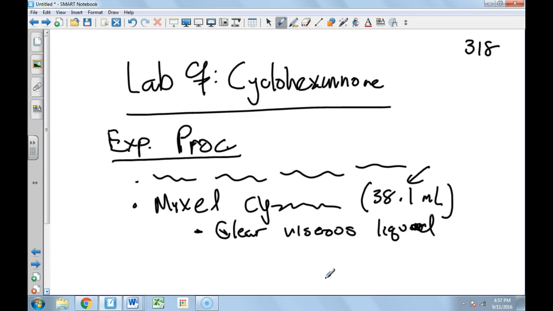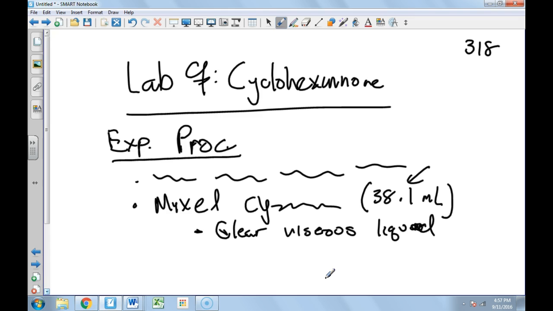When you're writing your experimental procedure, you avoid subjective terms like pea green, because peas can range in color. So you don't want to say pea green. You want to say a bright green or a vibrant green or a Kelly green. You want to just keep it to non-subjective terms.